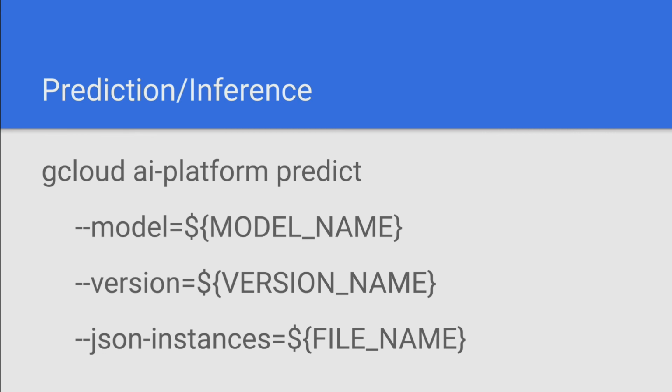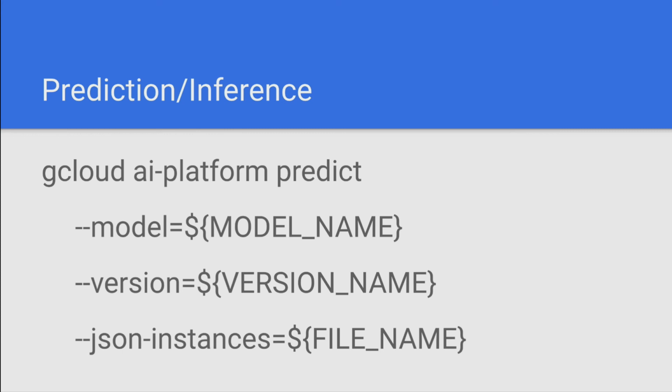Now, how do you provide the data that you're trying to use for prediction? What you do is you create a JSON file and then you pass that in as your JSON instance. So your JSON file will have a structure that will let you hold all of the features that you're passing in for prediction. So remember that with machine learning, you have features and you have labels, right?